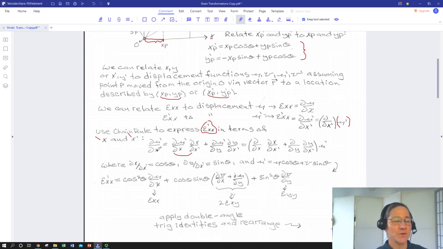So the partial with respect to x prime will have to draw from both the dependence of that displacement with respect to x and with respect to y. So there's basically two components of it.